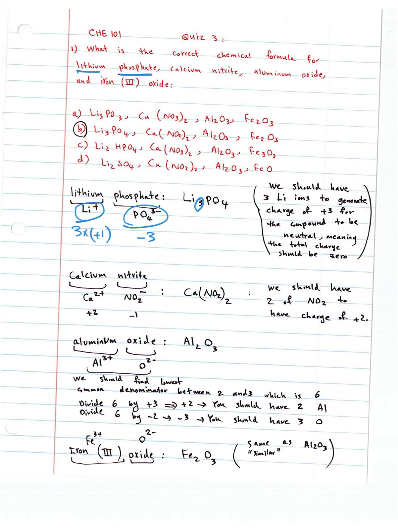For instance, for aluminum oxide, you should first find the lowest common multiple, which is 6, and then in order to have 6 negative charges, you should have 3 oxygen and 2 aluminum.